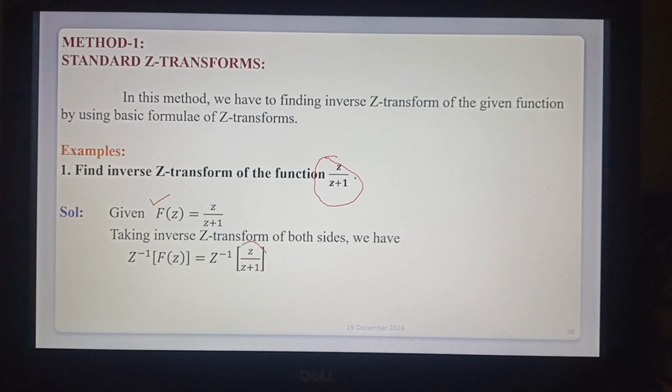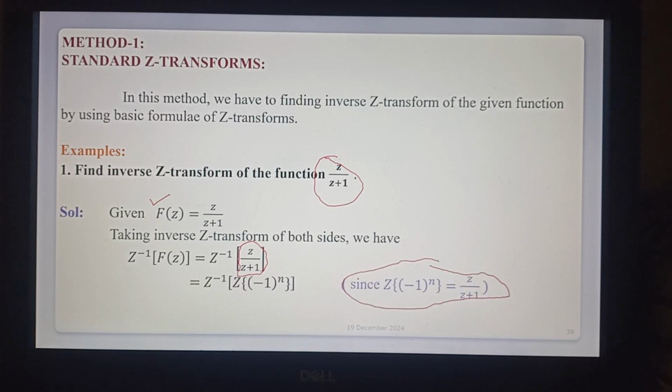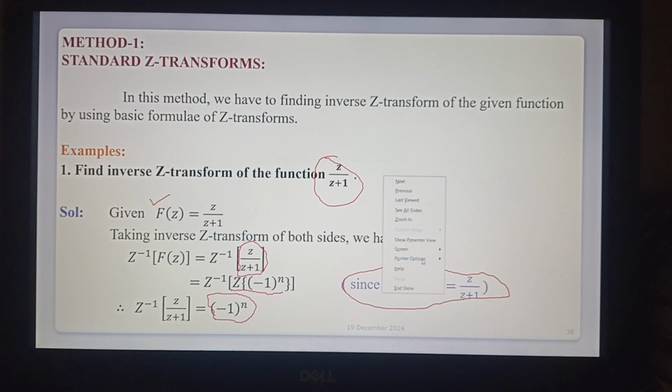We already know that Z transform of minus 1 power n is equal to z by z plus 1, so directly replacing here, minus 1 power n is the required sequence, that is the inverse Z transform of z by z plus 1. So this is directly finding the Z inverse.